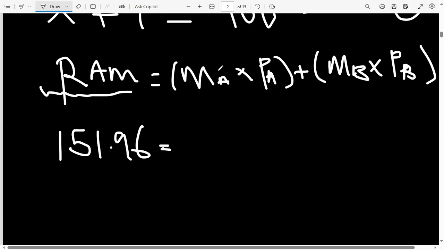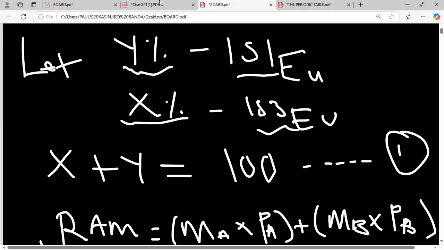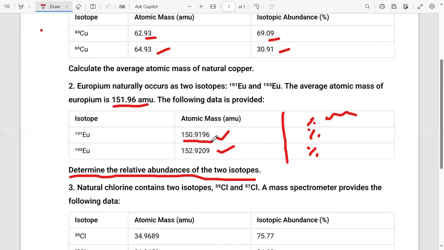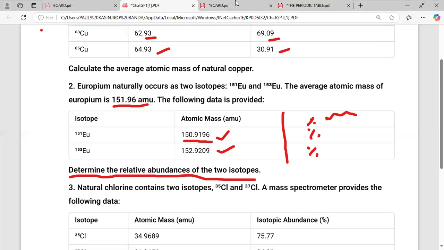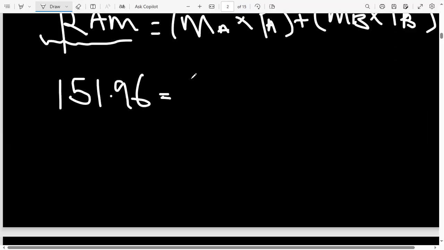So you put the relative atomic mass there, and this is equal to the mass of europium 151, this one here. You check here, get this mass, and put it into the formula.